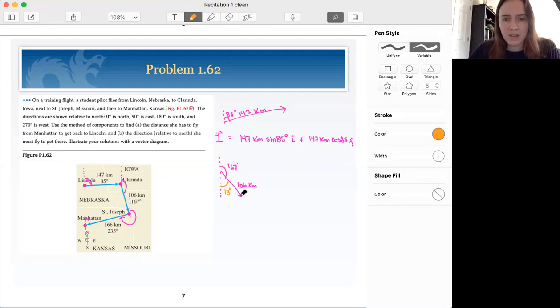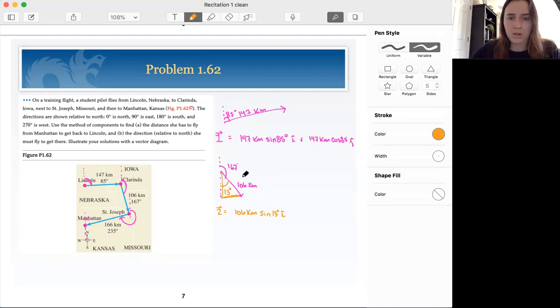Okay, so now our x component, we're going to call you vector 2, is going to be 106 kilometers. And my x component is, again, because I'm choosing to use 13 degrees, that's going to be opposite. So that's going to be sine 13 degrees i hat.